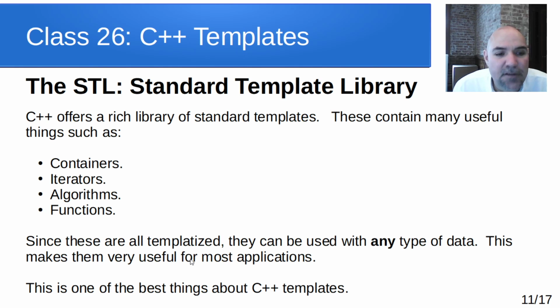It's got iterators, which are ways of moving through those containers or lists and sequences of things. It's got some algorithms in there for sorting and searching. It's got some functions in there that implement those algorithms that are templatized. And since all of those are templatized, the cool thing is we can use them with any type of data that we want. So if we want a list of bullet types, we can do that.